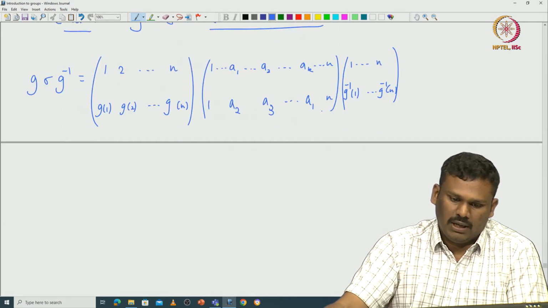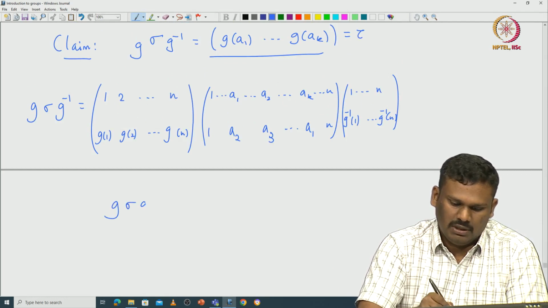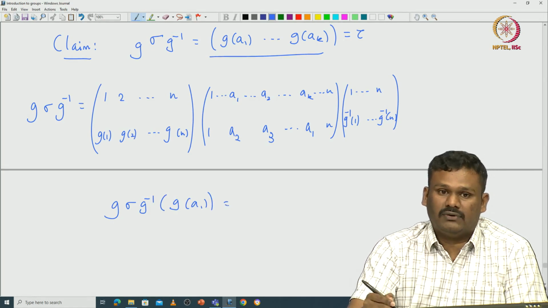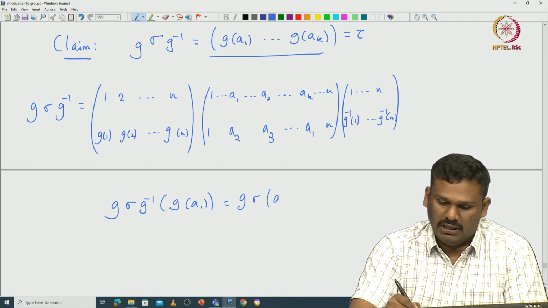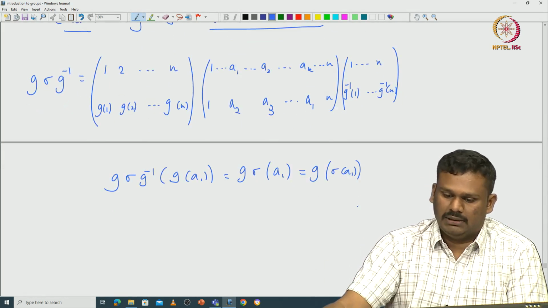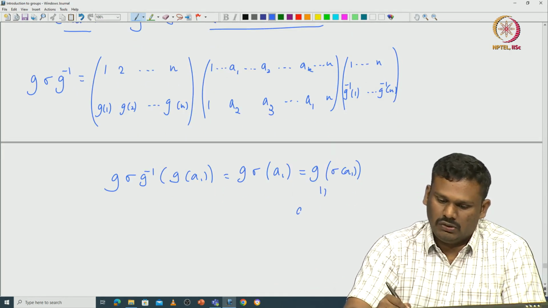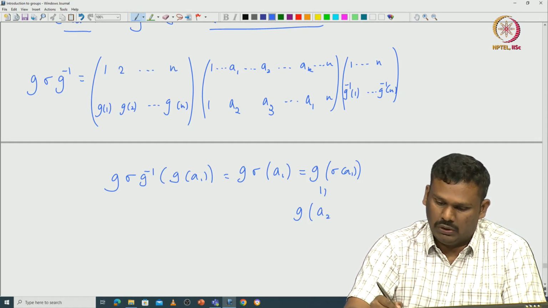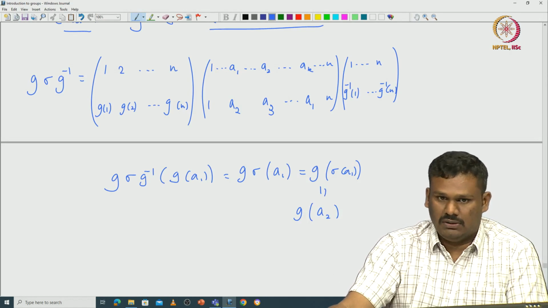In particular, if you compute what happens on g of a1, you take g sigma g inverse and compute it on g of a1. It gives g sigma g inverse of g of a1, which will be g of sigma of a1. You apply g on that sigma of a1. This is exactly equal to g of a2. So g sigma g inverse of g of a1 is exactly equal to g of a2.